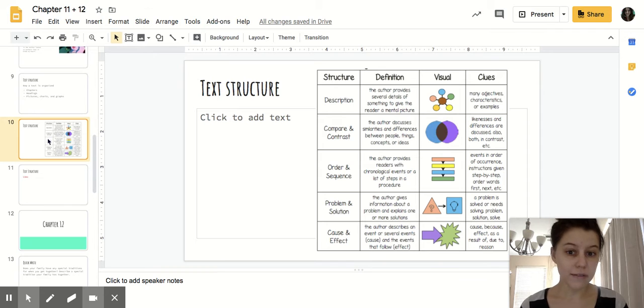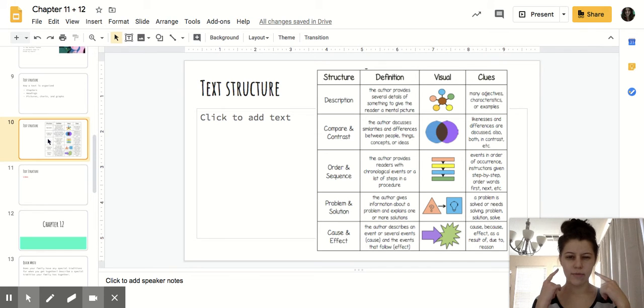If you're a writer, you can start learning these so that when you're writing a piece, it's organized in a really strong way. If you're a reader, you want to know these text structures so that you can identify the structure while you're reading, and then it helps you to better understand and comprehend the text.